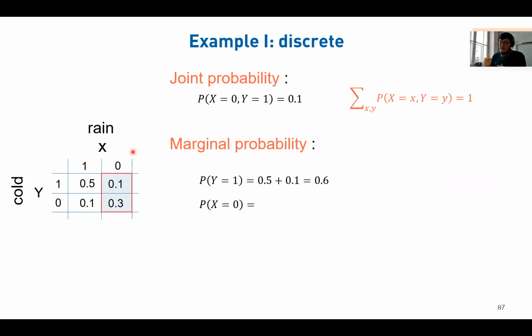If I'm interested in the probability of x being 0, then I take the sum of the joint probability of x being 0, y is 1, and x being 0, y is 0. So those are the possible outcomes of y. And I take the sum. So I take all those possible y. And when all those possible outcomes of y are considered, we sum them up, then we can get rid of y, right? So then we can say we just marginalize y. Good.